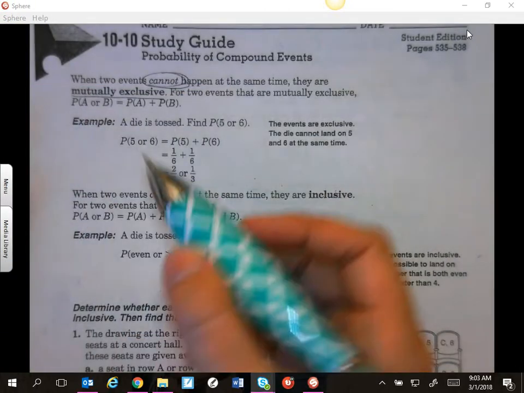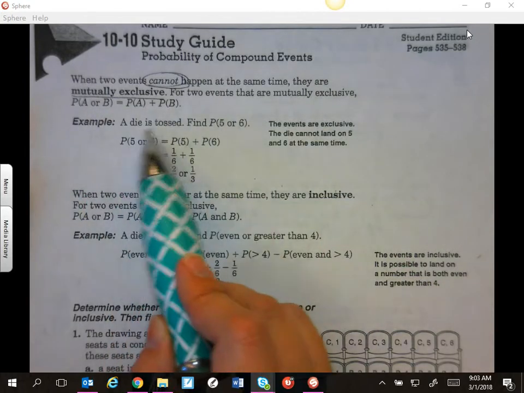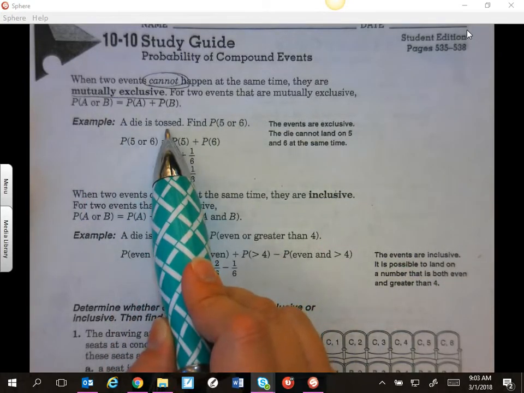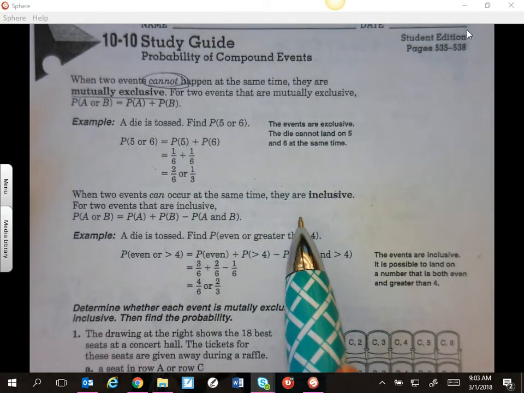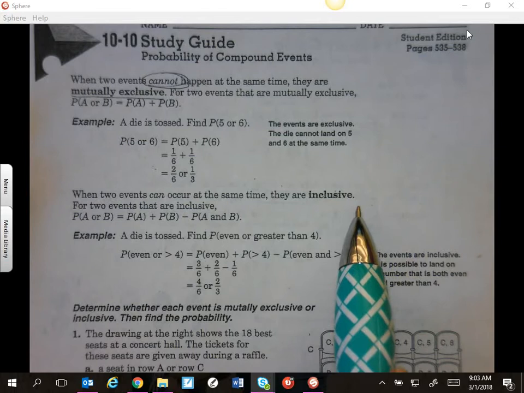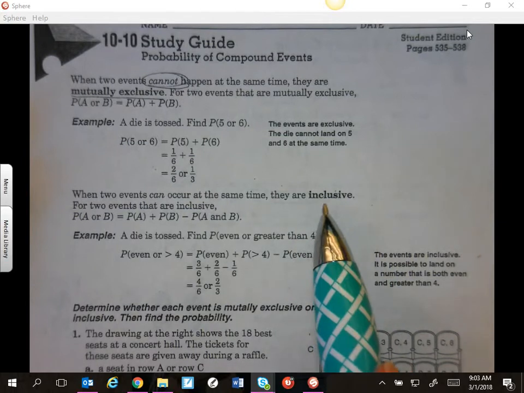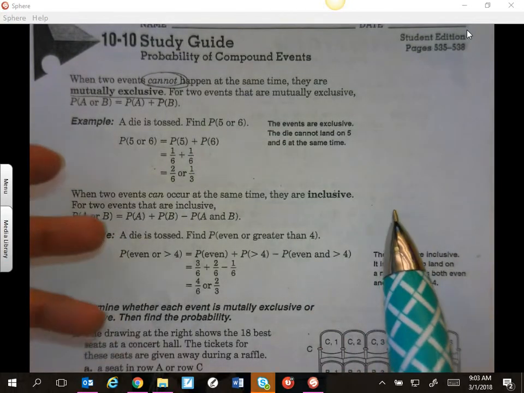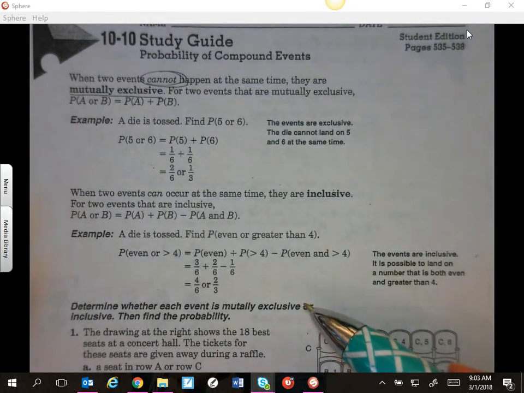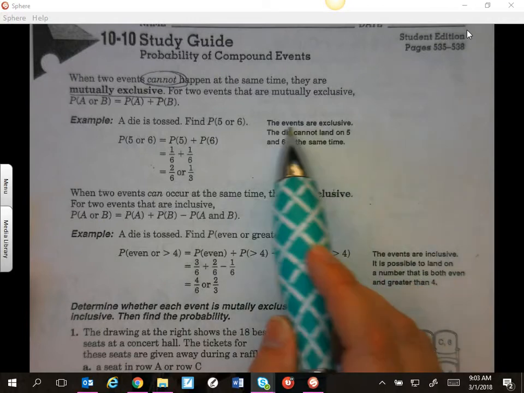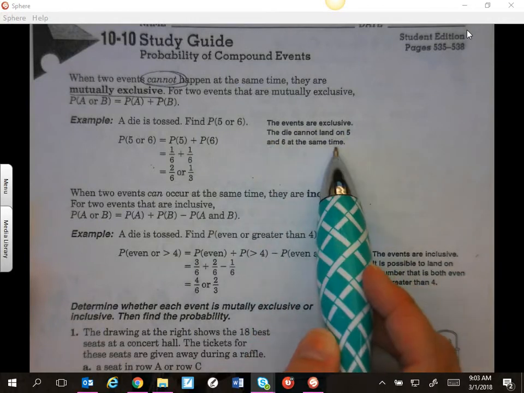And we see this when we have the word or, right? When we have 2 things. A die is tossed. What is the probability of a 5 or a 6? Well, these are exclusive because you can't get a 5 and a 6 at the same time. You have to roll the die and then roll the die again. So the events cannot land on 5 and 6 at the same time.